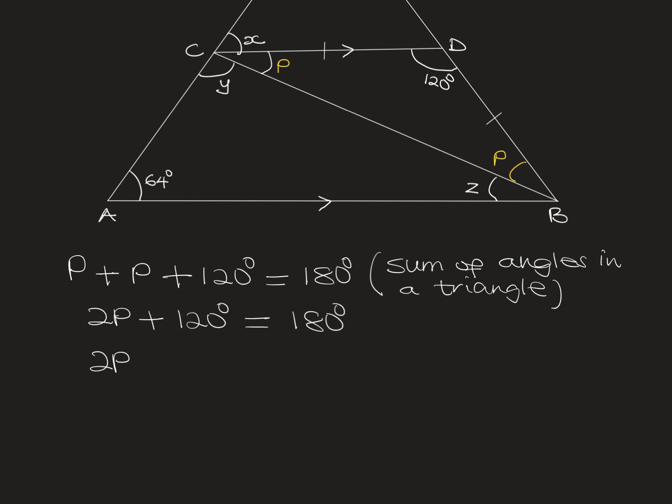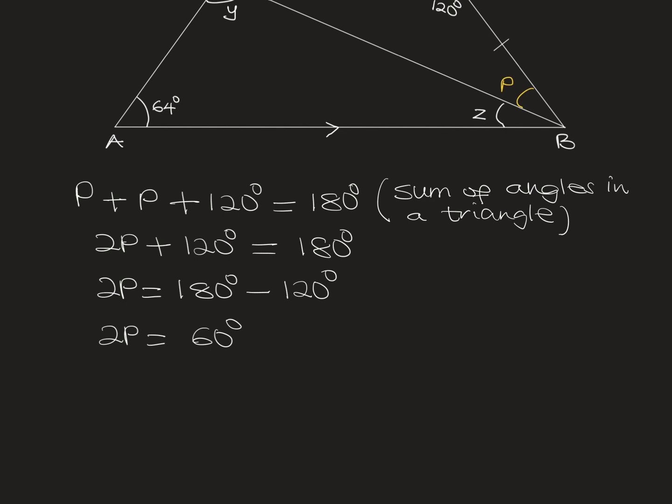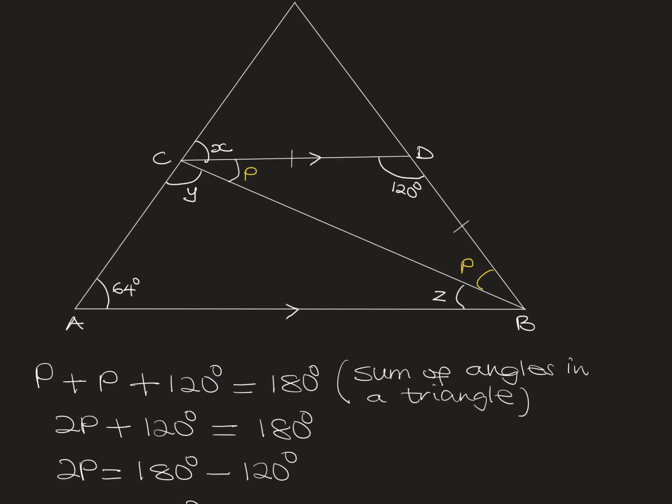So 2P is equal to 180 degrees minus 120 degrees. 2P is equal to 60 degrees. To find P, you divide both sides by 2. Then P will be 30 degrees. Okay, so it means P is 30 degrees and this is 30 degrees.